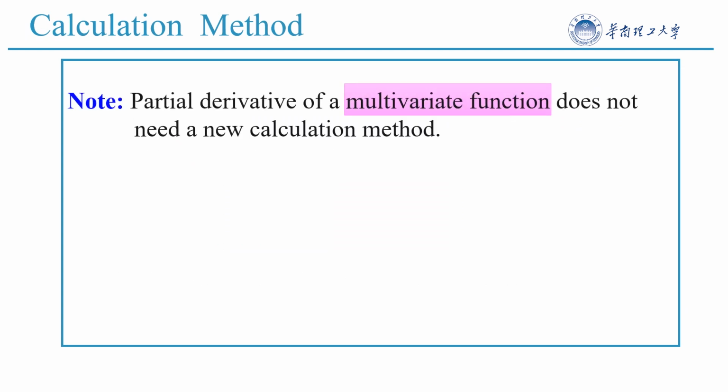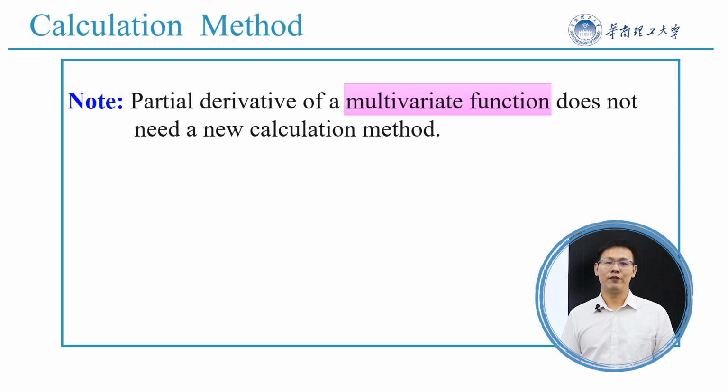According to the definition, the partial derivative can be regarded as the derivative of a single variable function with the other variables fixed. Therefore, we don't need new calculating methods. When calculating the partial derivative with respect to an independent variable, we only need to take the other variables as constants and calculate the derivative with respect to the independent variable.